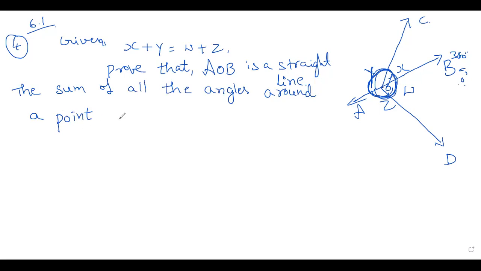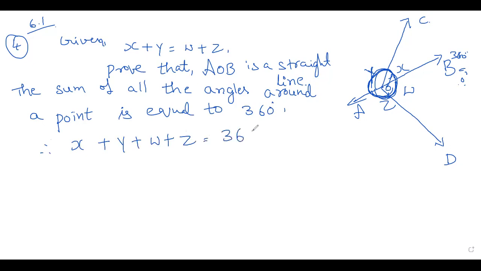The sum of all the angles around a point is equal to 360 degrees. So I will write here x plus y plus w plus z is equal to 360, right?